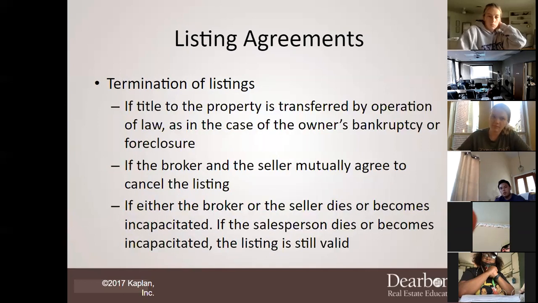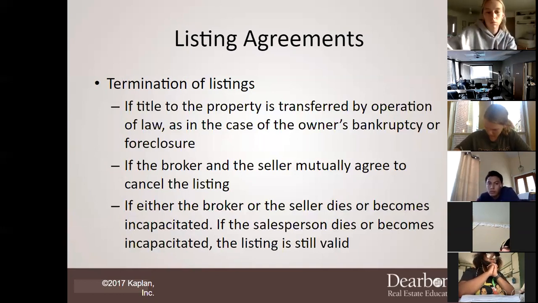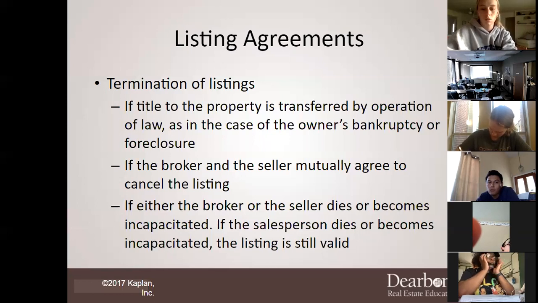If title of the property is transferred by operation of law, as in the case of an owner's bankruptcy or foreclosure. If the broker and the seller mutually agree to cancel the listing, then it's terminated. If either the broker or the seller dies or becomes incapacitated, the listing is terminated.